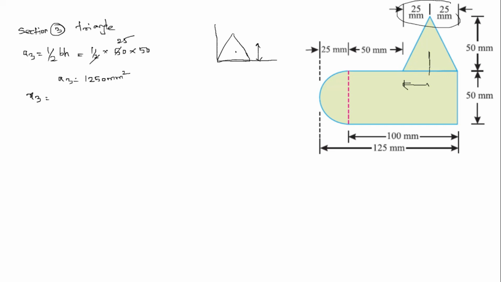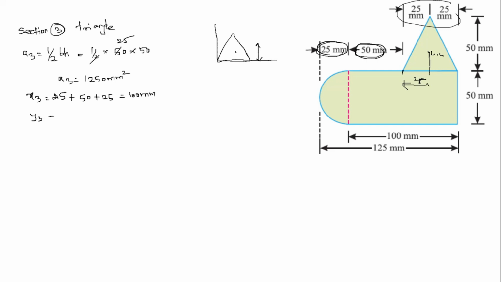We need to add 25, 50 and 25. The CG is at base divided by 2, where the base is 50, so 50 divided by 2 is 25. So x3 is the first 25 plus 50 from this, so 50 plus 25 is equal to 100 mm.